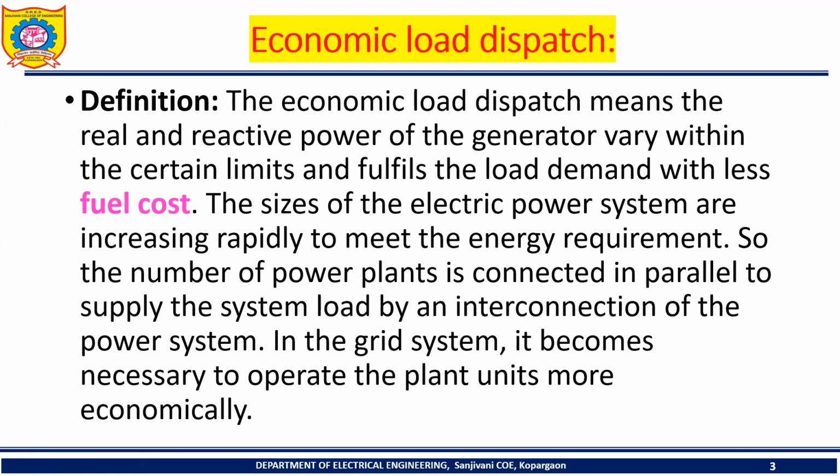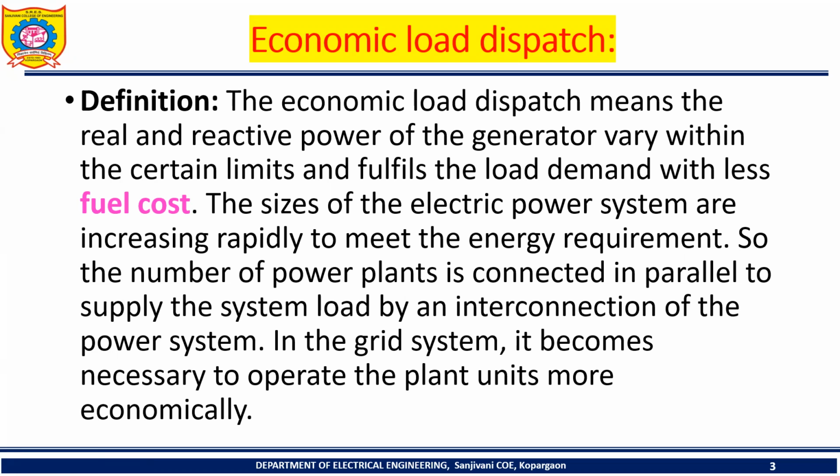Is it clear? As we already know, the size of electrical power systems is increasing rapidly. Why is it increasing rapidly? To meet the energy requirement. Energy requirement is more, load demand is more. As the population is going on, the electrical energy requirement is rapidly increasing. So as an electrical engineer, as a government, as a nation, we need to increase the number of power plants and connect them in parallel to meet the demand.